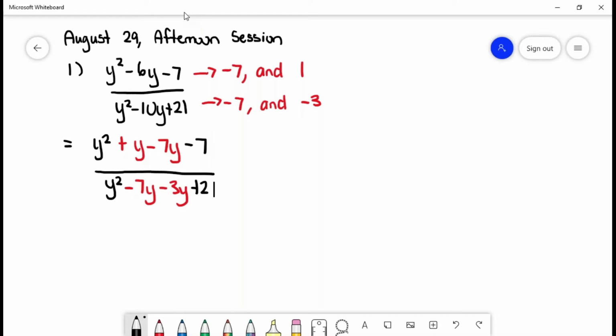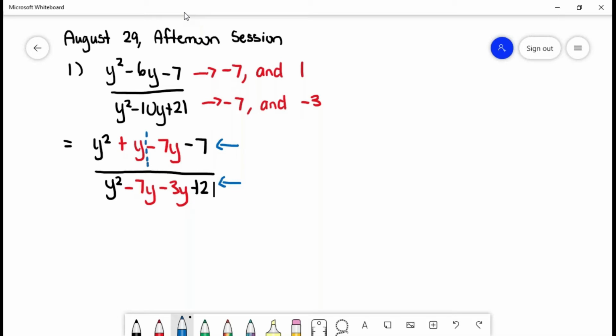Now we're going to factor these further. As you can see, in both the numerator as well as the denominator, we have 4 terms in each. In order to factor this, we take a look at the 4 terms in the numerator, and we're going to split these up into 2 separate groups.